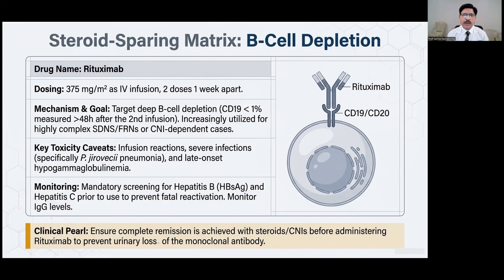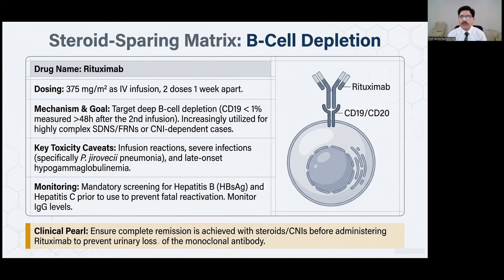Toxicity: infusion reactions, and severe infections can occur because of B cell suppression, with late onset hypogammaglobulinemia. Monitoring is mandatory: screening for hepatitis B and hepatitis C prior to use of this drug, because fatal reactivation can occur.